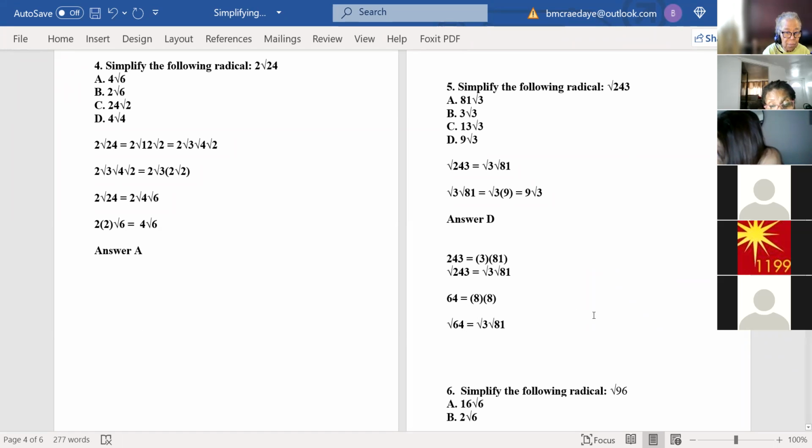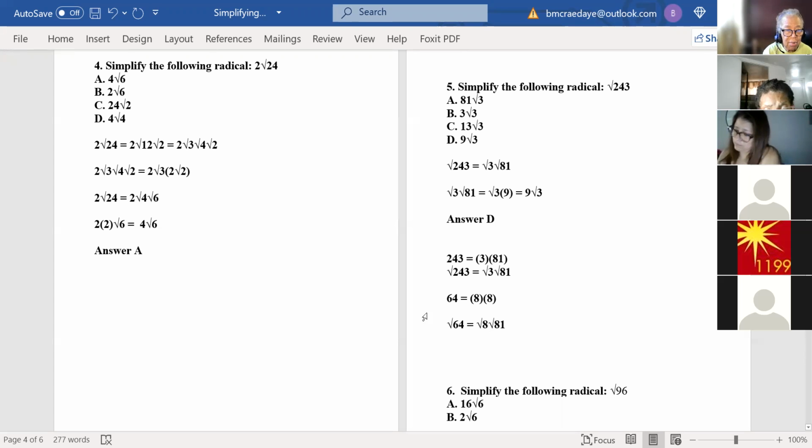It would be square root of 8, because the square root factors have to be square roots. So it will be square root of 8 times what, Alva? 8 times 8 is 64.